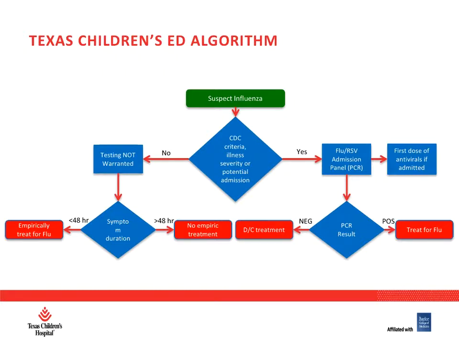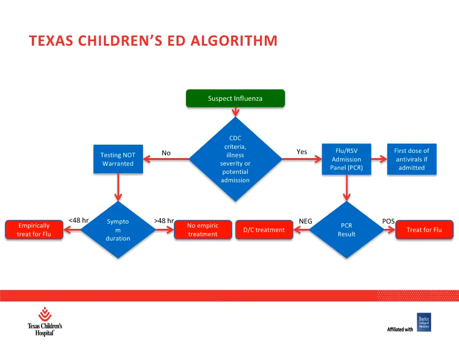So if a patient comes into the emergency center and they suspect that this patient has influenza infection, the first question to ask is, do they meet any of those CDC criteria for patients who might be at increased risk for complications due to influenza? So are they less than 2? Are they immune compromised? Do they have sickle cell?